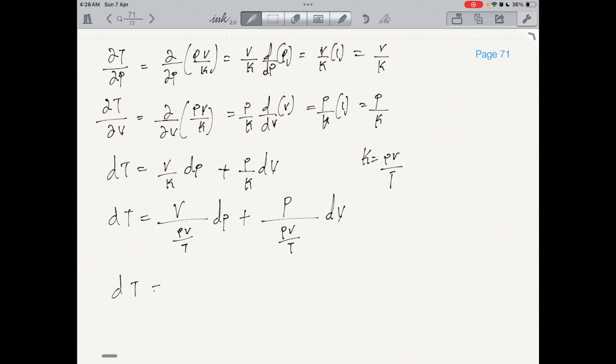Simplifying further, we have that dT is T over P dP plus T over V dV.